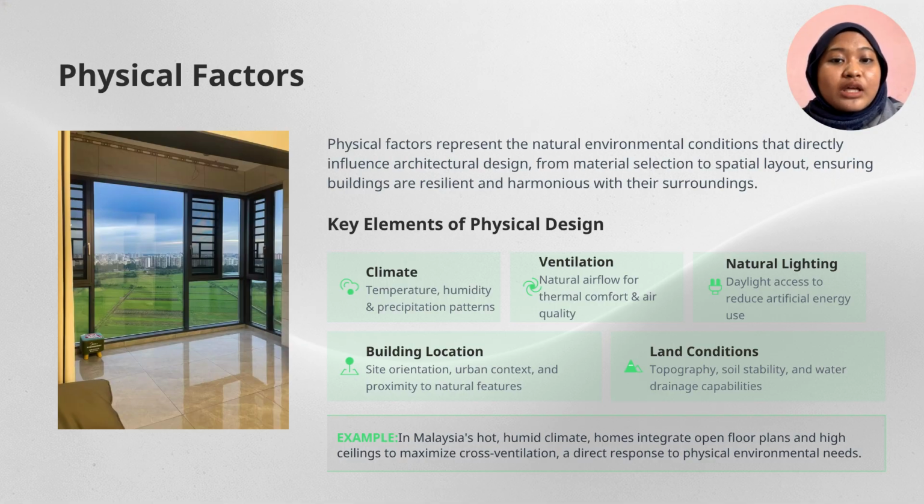For example, as shown on the slide, many Malaysian houses use open floor plans and high ceilings to maximize cross ventilation. This design responds directly to our tropical climate and helps improve indoor comfort while saving energy.